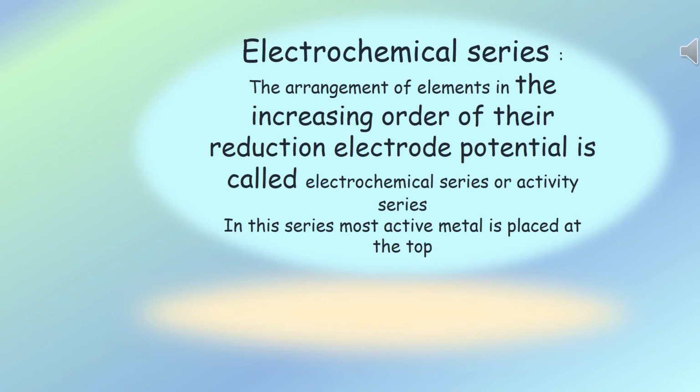Now, there is a very simple method to remember this electrochemical series. The exhaustive list of the electrochemical series, you can have from any textbook. Here, we will concentrate on certain metals.